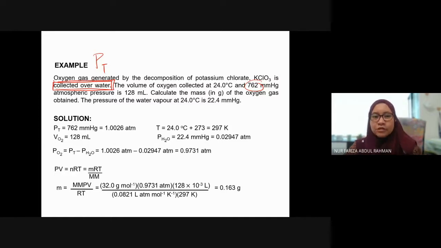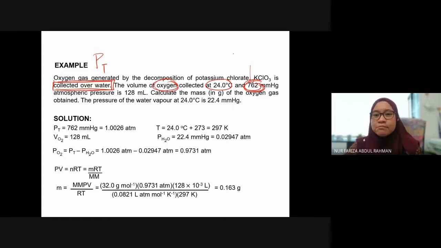So the moment you nampak collected over water ni, you kena bear in mind, dia sebenarnya P total. The volume of oxygen collected, they collect at 24 degrees Celsius and the pressure 762 mmHg. Macam dia cakap oksigen punya kan? No, this is not for oxygen because it is collected over water.